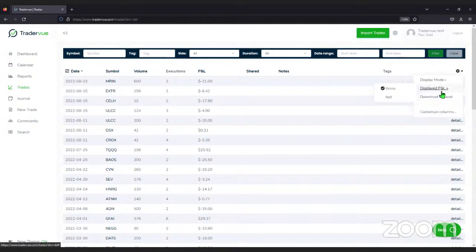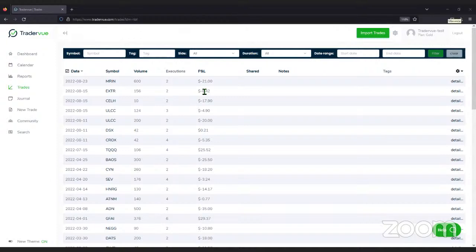You can also display the P&L by gross or net. You can also download to Excel. This is interesting, because you can download your trades here in a different format from what you uploaded before. It's a format that Tradervue provides you, and I'm probably not sharing that right now, I just realized.